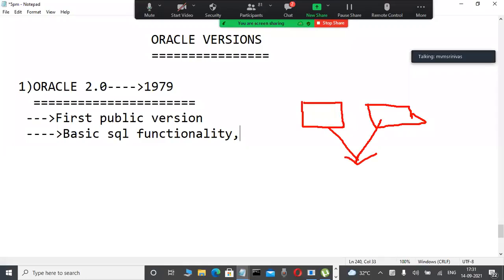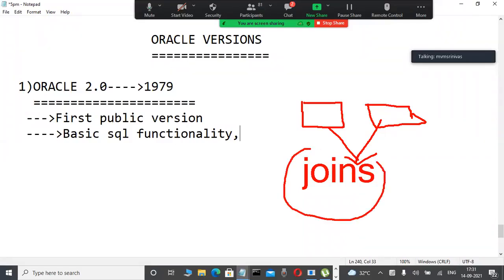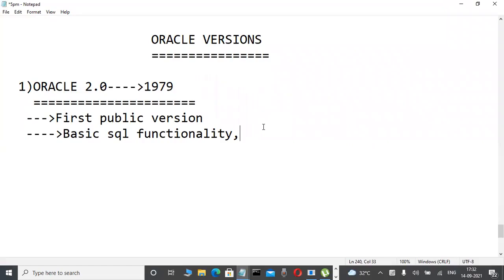Retrieving data from multiple tables is a very important concept in every relational database. Joins are available in SQL from the first version onwards. If you want to fetch data from multiple tables, joins are the concept: equi join, non-equi join, self join, outer join, left outer, right outer, full outer, natural. So many joins are there, and that concept is available from the first version onwards. Don't worry about what joins are; in our course we are learning them.